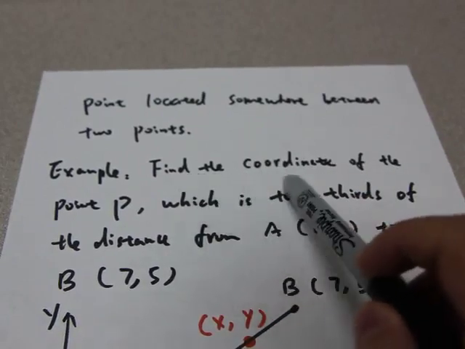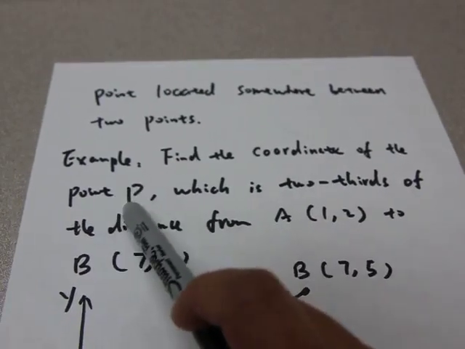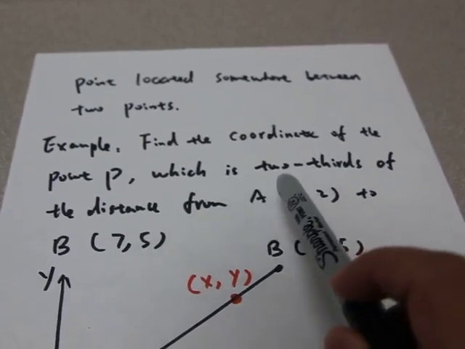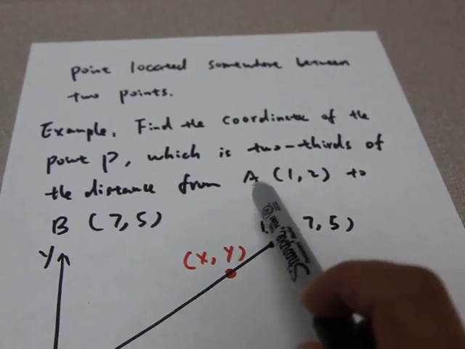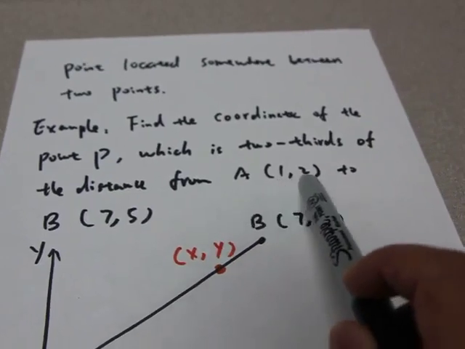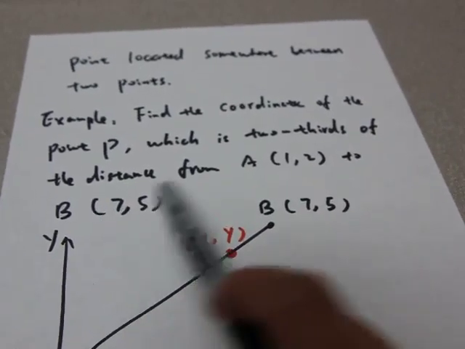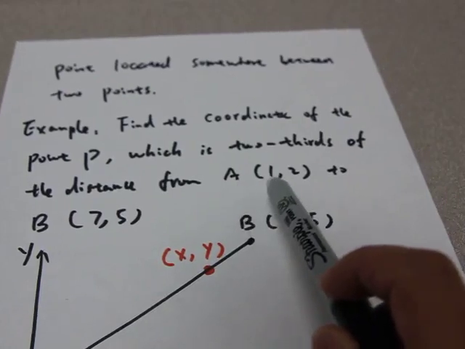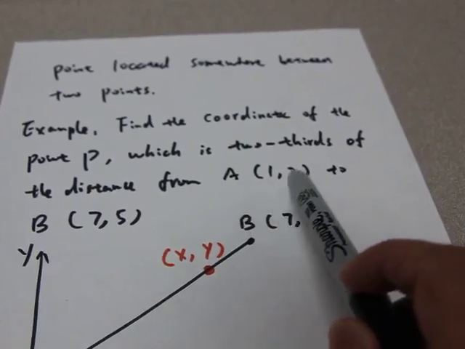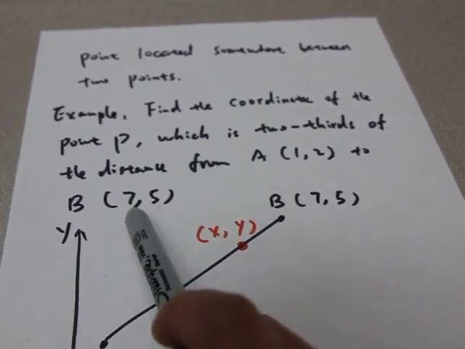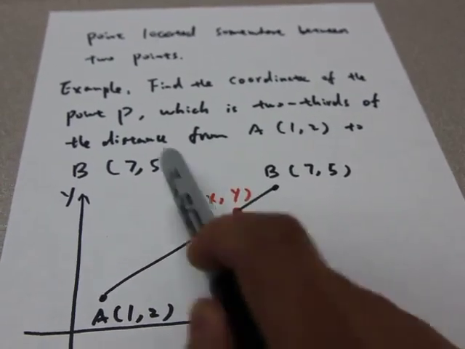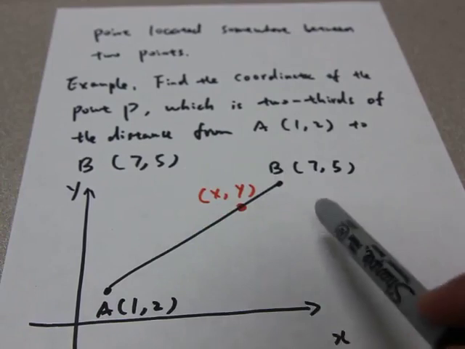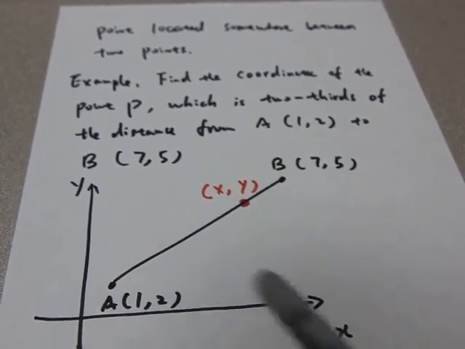We're looking for the coordinate of the point P, which is 2/3 of the distance from the point A to the point B. Now the point A has the coordinate 1, 2, and the point B has the coordinate 7, 5. So here is the graph of this problem.